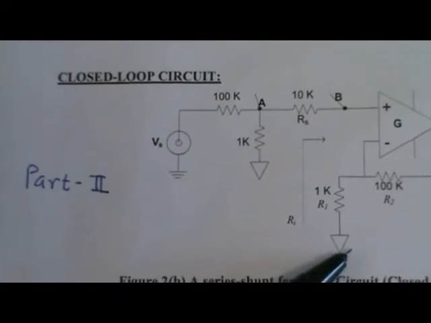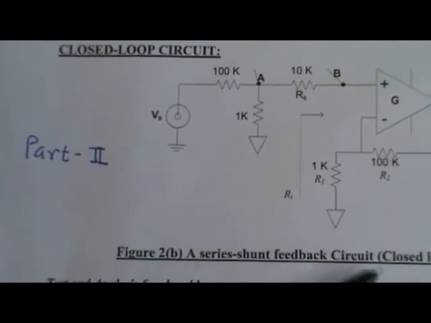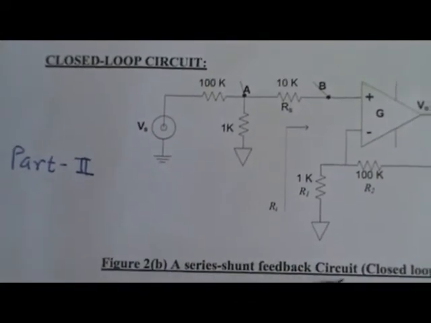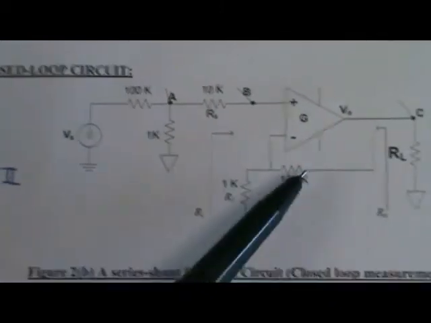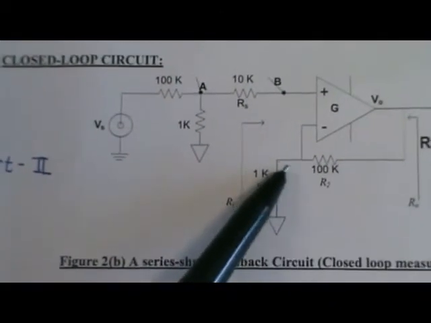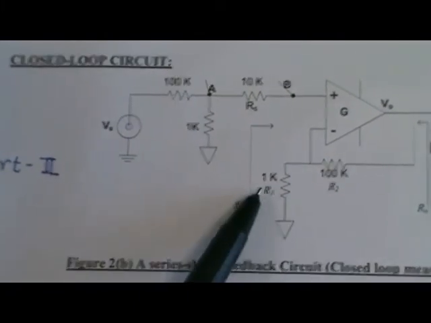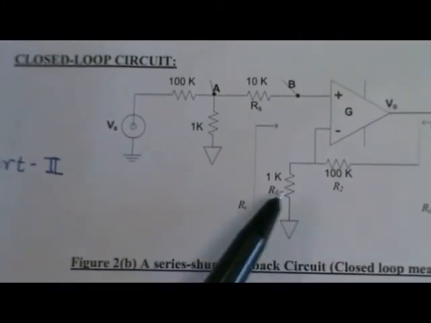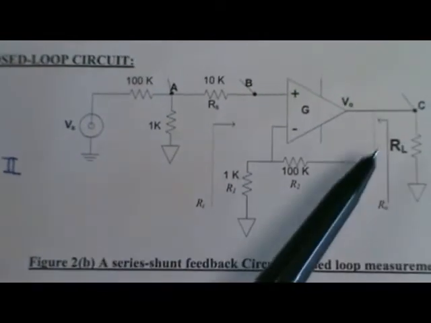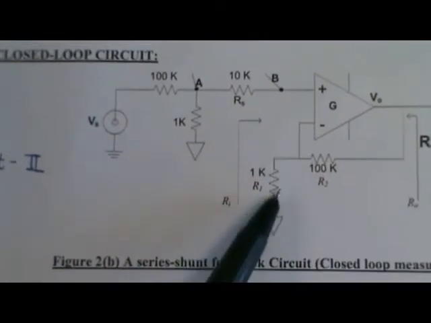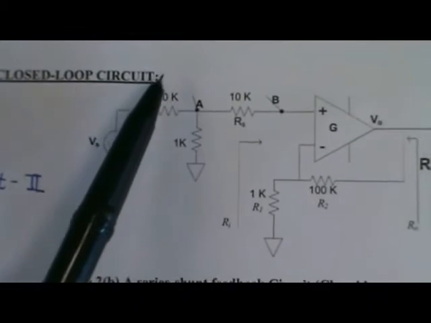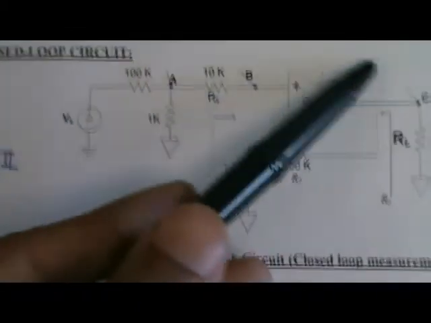In this part of the experiment, we want to analyze the effect of negative feedback on the amplifier gain circuit. So here we will connect negative feedback with the help of 100K and 1K resistors, R2 and R1 respectively. Because of this negative feedback connected, we want to analyze what will be the overall band frequency gain response of this circuit.